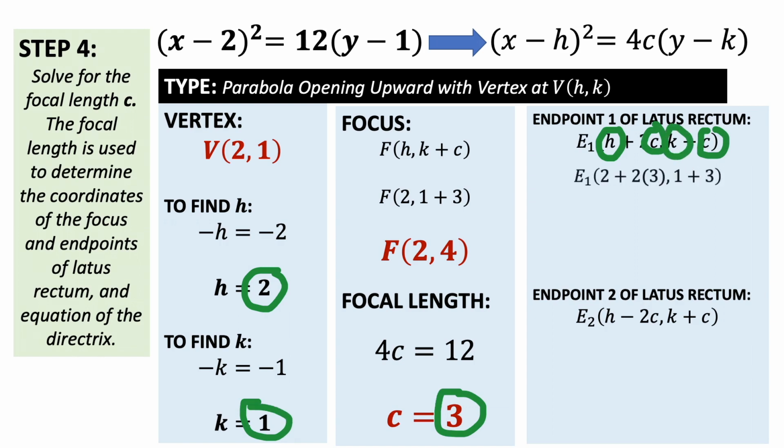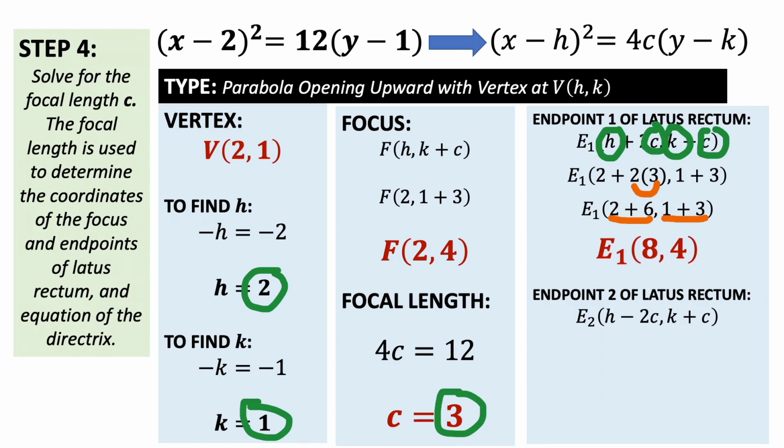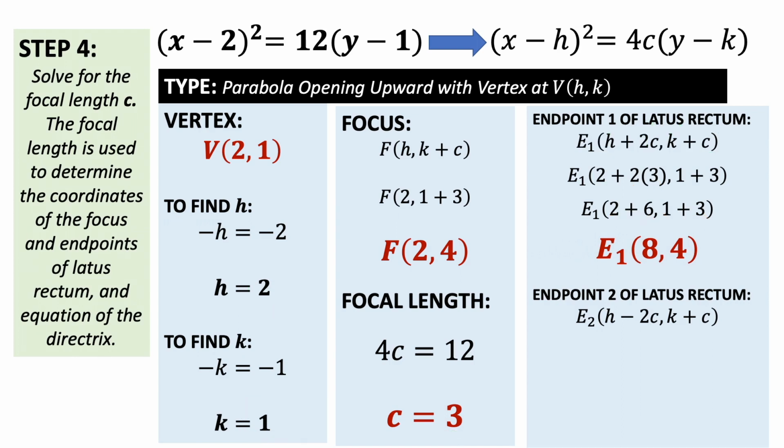We have (2 + 2 × 3, 1 + 3). Simplifying it, we have (2 + 6, 1 + 3). The sum of 2 and 6 and 1 and 3 are 8 and 4. Therefore, E1 is at (8, 4).